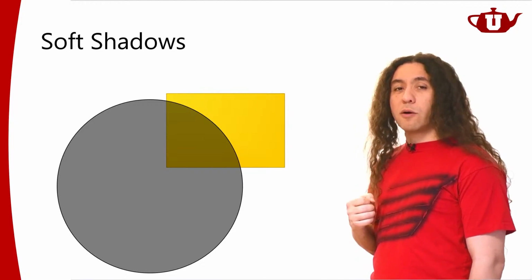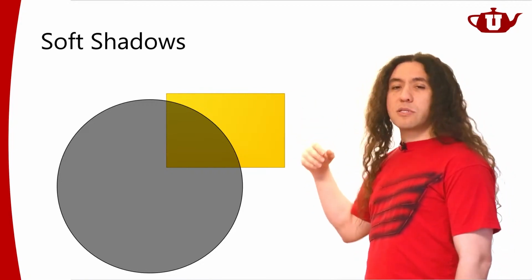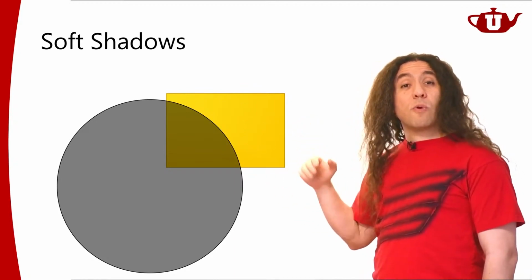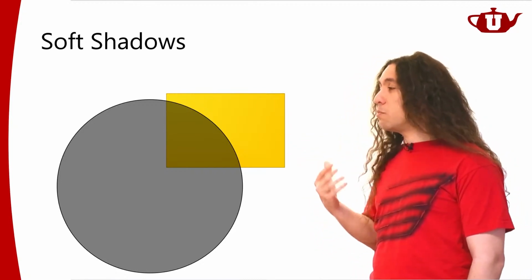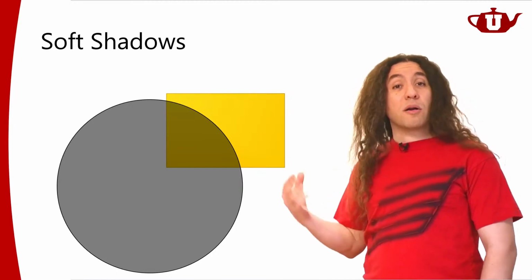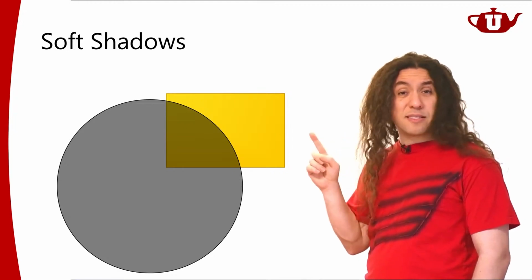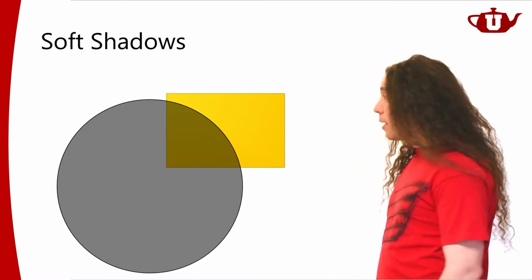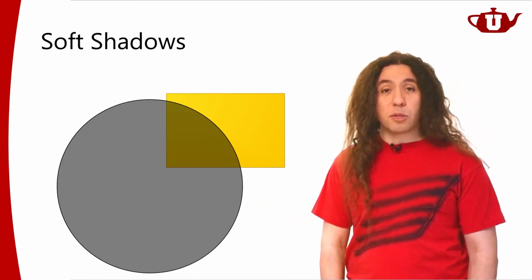So I don't care about which portions, like is it on the right side of the light source, is it on the left side of the light source? I don't care about that. All I care about is what percentage of the light source is covered, because I'm only interested in computing the soft shadows. I'm not interested in computing proper lighting from area light sources. In this instance, we're just trying to compute the area. The percentage of the area that is occluded, the percentage of the area that is visible.